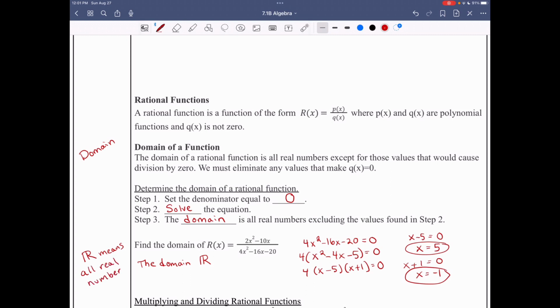So I'm just putting that over here in my Cornell Notes column. The domain is all real numbers excluding x equals 5 and x equals -1.